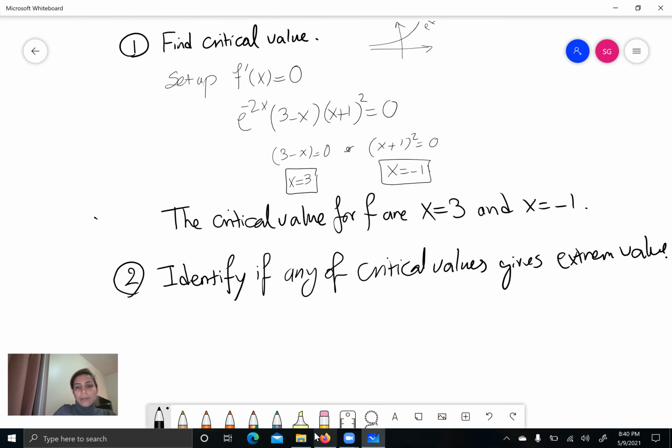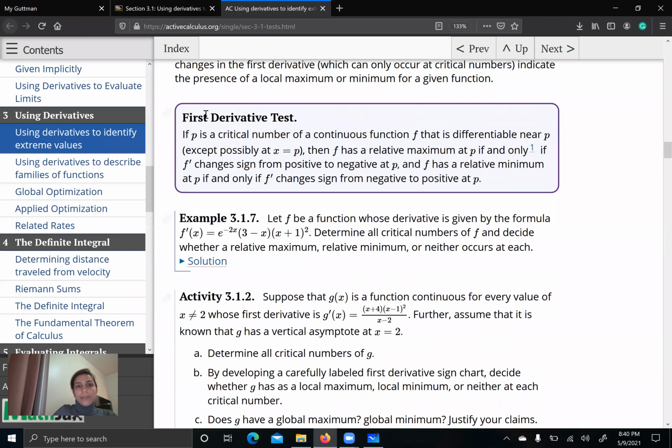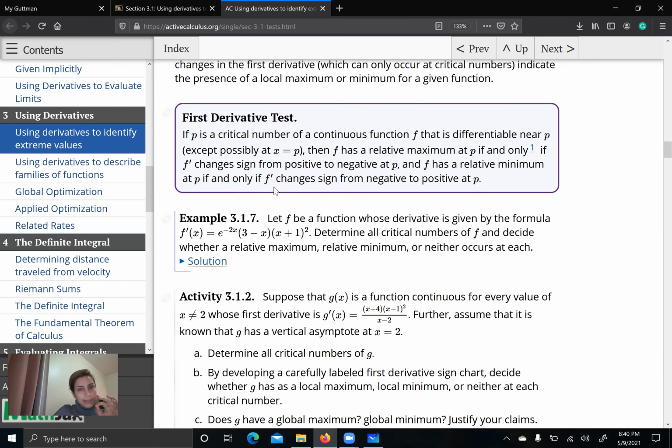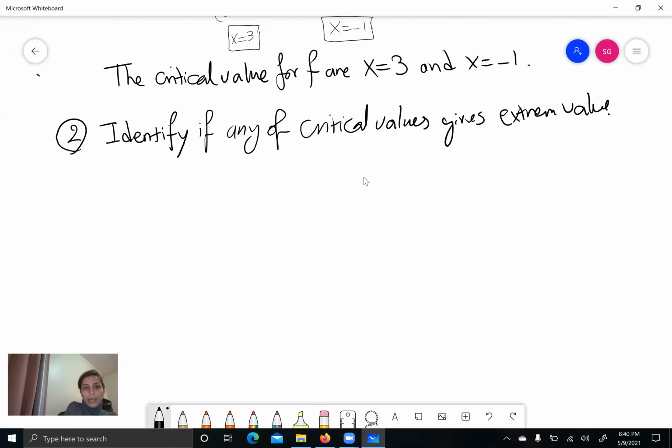How to do that? We are going to use the first derivative test, which says, look at the signs of the first derivative around that point. So I need to look at the sign. What are the points? One of them is negative 1, the other one is 3. These are the critical values of f.